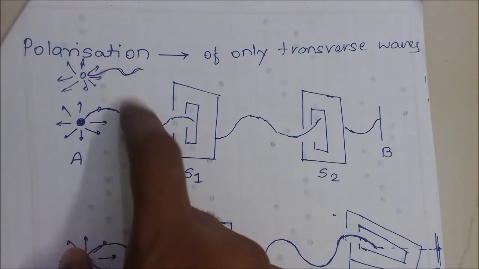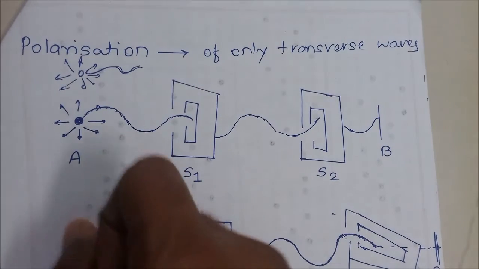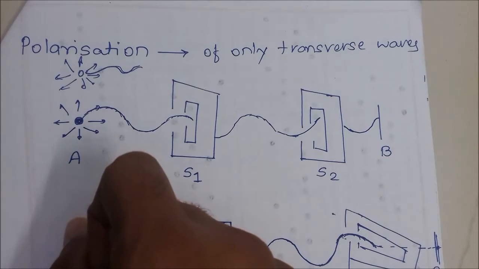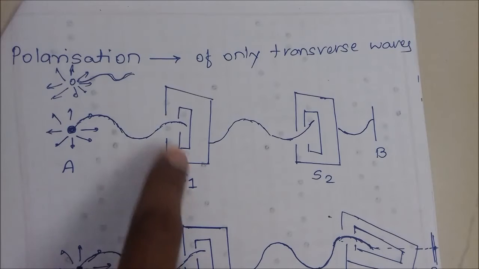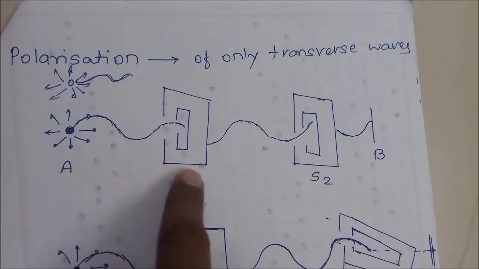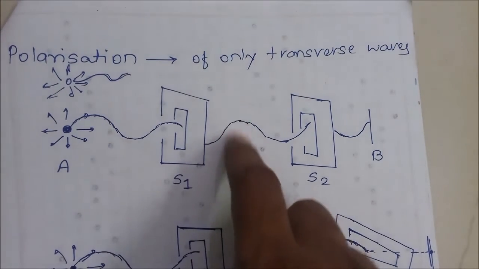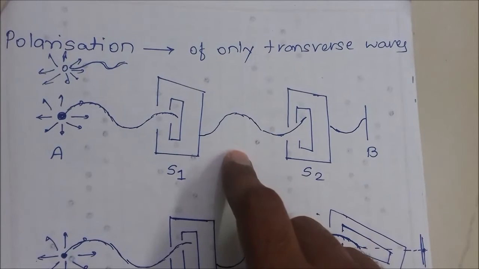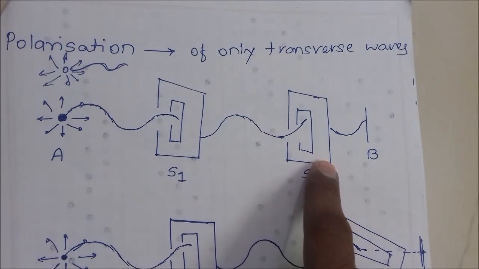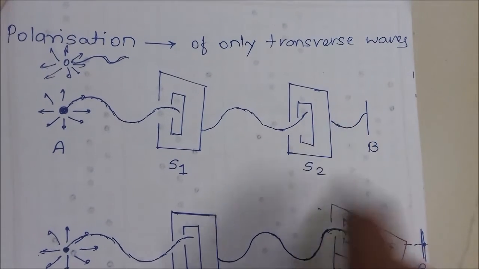Some particles vibrate vertically, some horizontally, and some at some angle. But when we pass these rays through this slit, only vertical vibrations remain. This slit also allows only vertical vibrations, so here as well we get vertical vibrations.